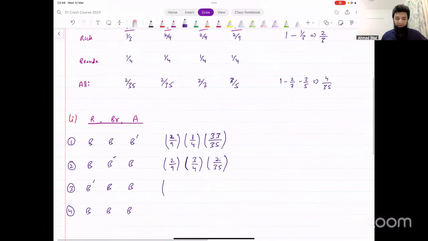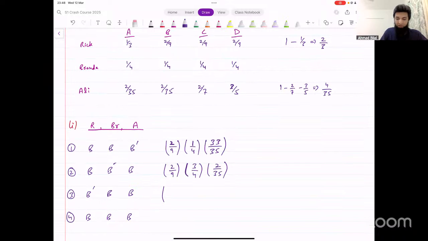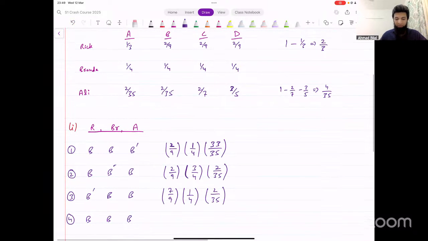Then third case, Rick does not choose B. Choosing B has probability of 2/9. Not choosing B would be 7 out of 9. And then Brenda chooses B, that's 1 out of 4. And then Ali chooses B, that's 2 out of 35. Can someone please do these calculations for me and let me know what the results are?